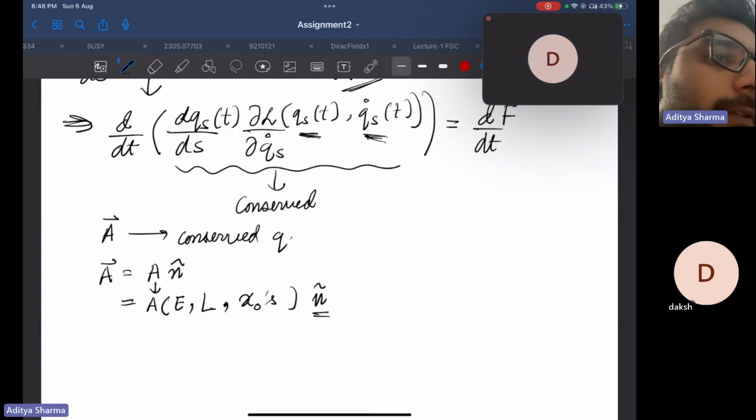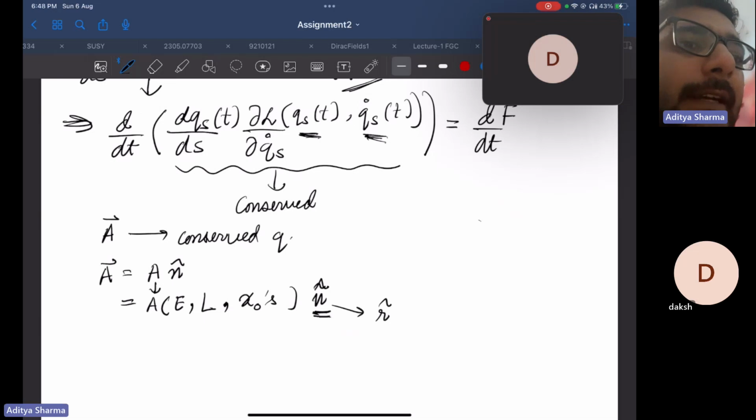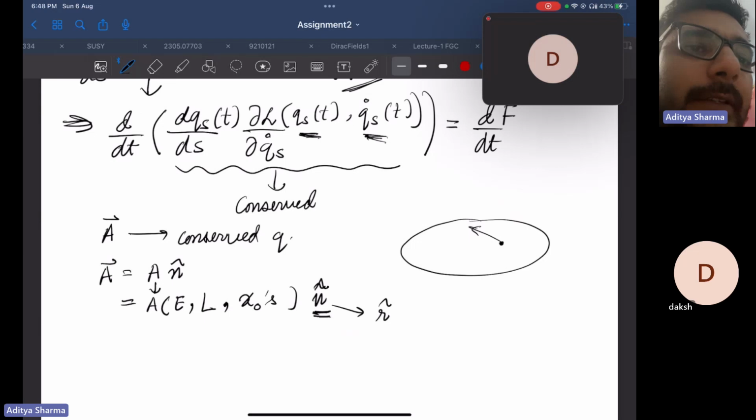But this n cap is also fixed. This is not like r cap. In the sense, if you have this orbit, r cap is this. So you're moving like this, then your r cap is pointing in different directions, right?